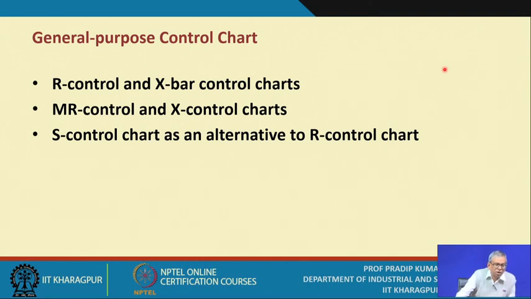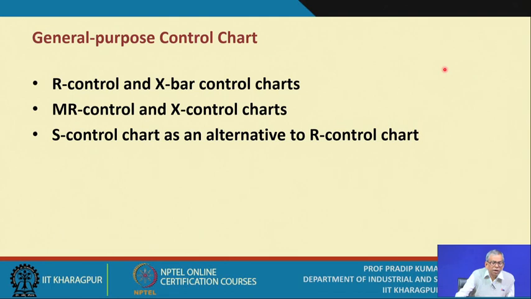So what are those? The first one is the R control chart. If you use an R control chart, the basic purpose is to control the variability as measured by the range. Is it okay? That's why R stands for the range. So this is also referred to as the range control chart.